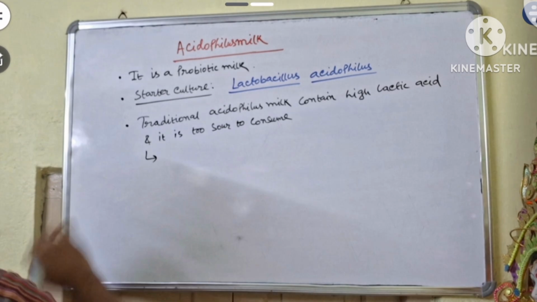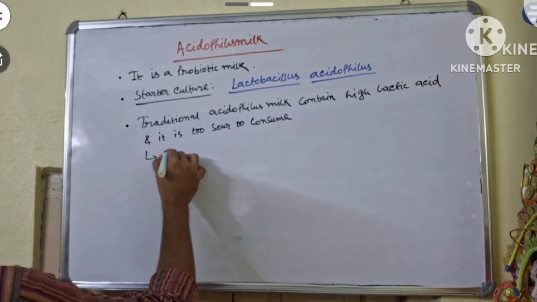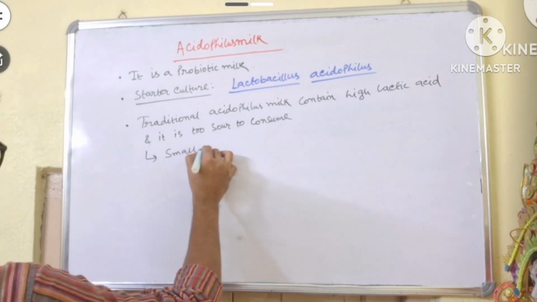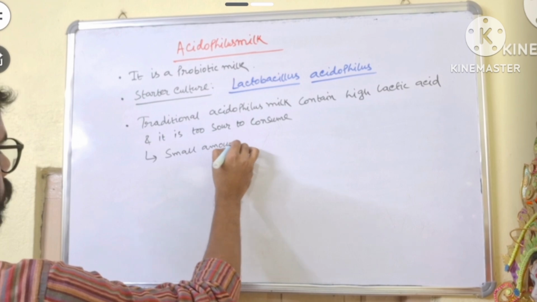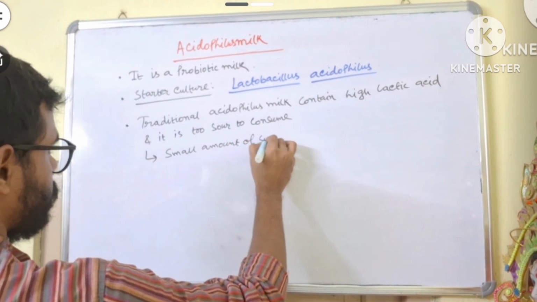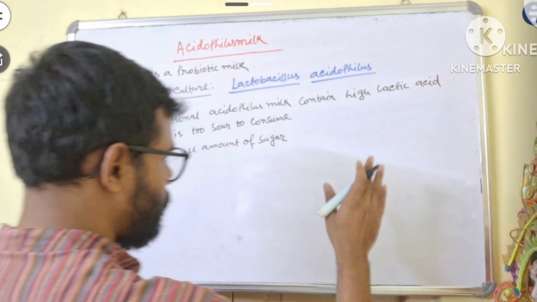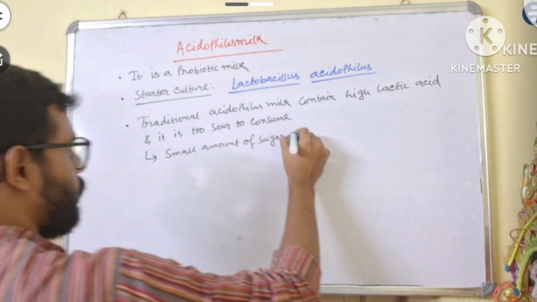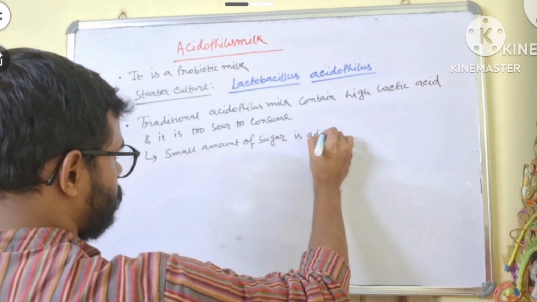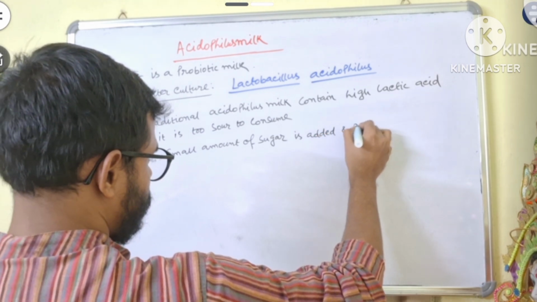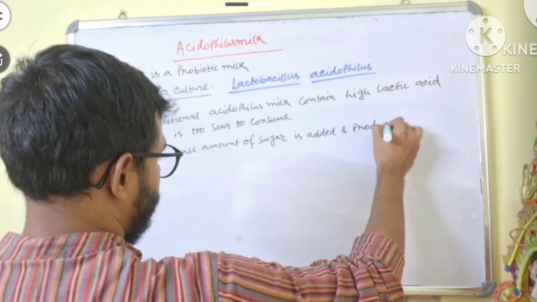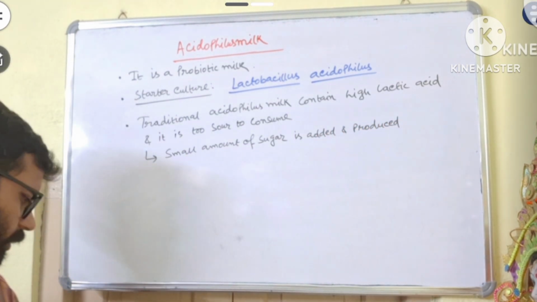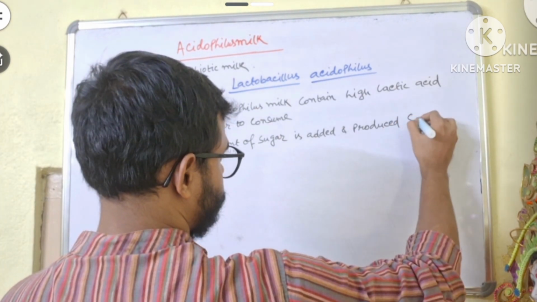So that is why a small amount of sugar is added, which balances the taste of sour and sweet, and produces sweet acidophilus milk.